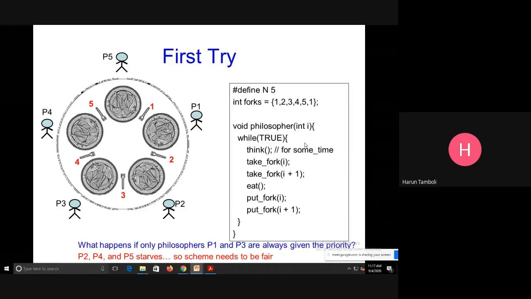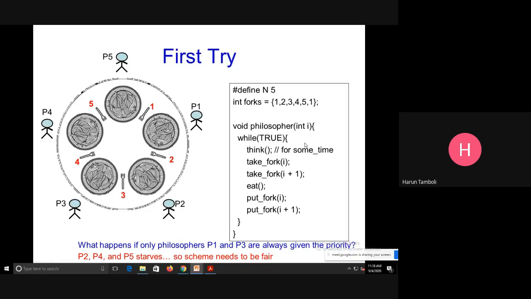If only P1 and P3 are always getting the chopsticks, then it is possible that P2, P4, and P5 may starve. So this is not as per our expectation. Our expectation is that no process and no philosopher should starve. All philosophers should be able to eat the food. So this particular algorithm does not satisfy our requirement.